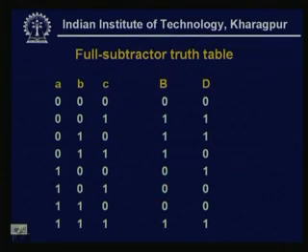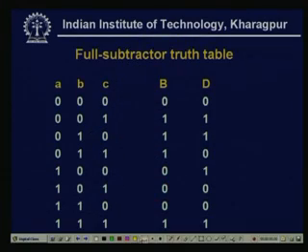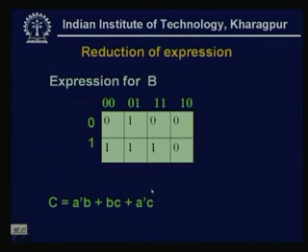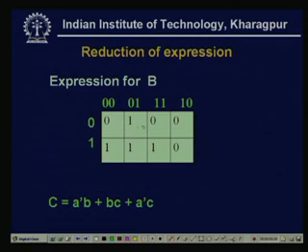Again, for the borrow the minterm exists for 0 0 1, which means 1, then 2, then 3 and 7. So, minterms exist for 1, 2, 3, 7.